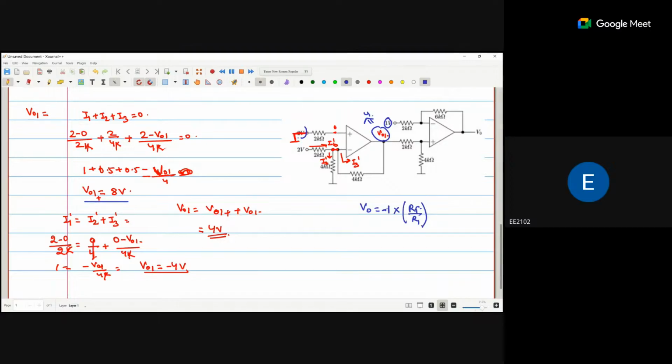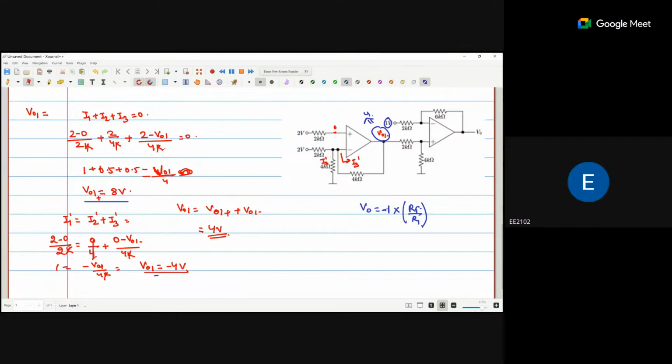Second, we consider the negative voltage, so I consider the V0 negative. You can apply with the same method. No need to calculate the superposition theorem. You can directly apply the KCL also. If I apply KCL directly, then I get 4 volts directly, no? Yes, you can get it directly. That is no issue.